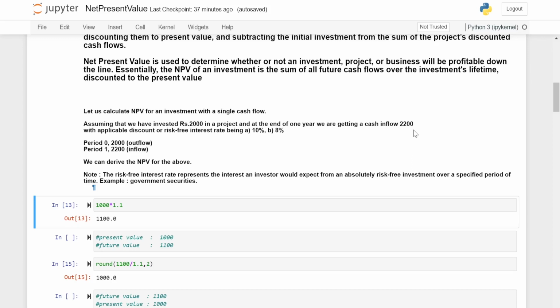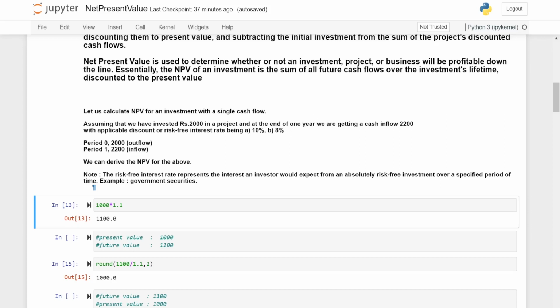Then why should we take up any project? Why should we invest 2000 rupees in a project? Because investing in a project entails a lot of risks, right? So let us avoid that. Simply keep it in the bank and get 2200. So if the risk-free interest rate happens to be 10%, if we are getting 10% in the market, this project is not at all viable. If we are considering this interest rate, no, we will not invest in the project.